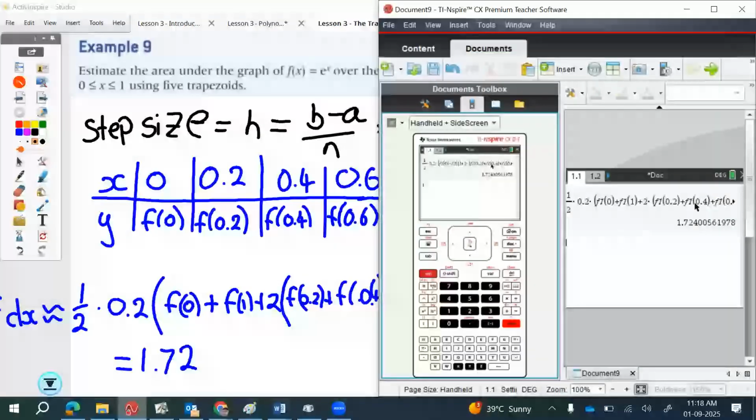Yeah. Alpha F4. So we'll press the alpha button, F4, and then we'll open up a bracket, 0, close, alpha F4, enter, 1, close the bracket, plus 2 times bracket, enter, 0.2.